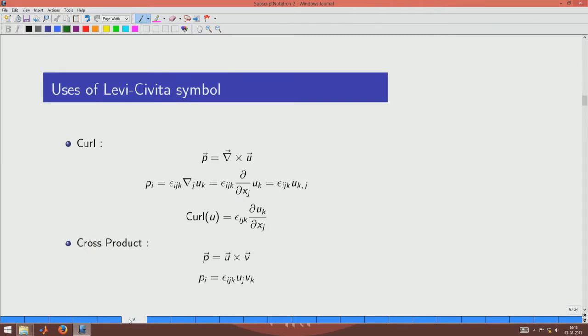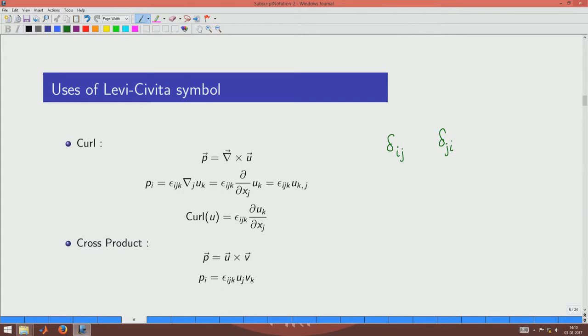Now, let us make use of this symbol to make some derivations. The way we have to understand is to pay attention to the sequence of the subscripts. Unlike in Kronecker delta, where if you swap the two indices, it does not make any difference, here it makes a lot of difference. For example, when you wrote a symbol like this delta i j, you could as well have written this as delta j i, because they are both the same value.